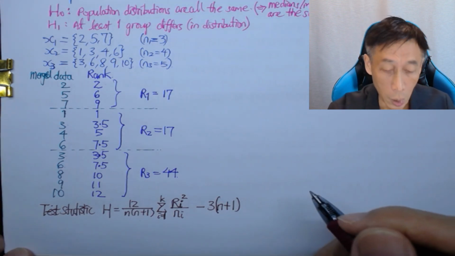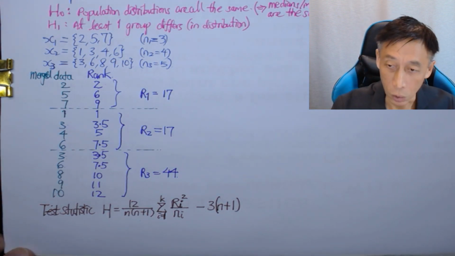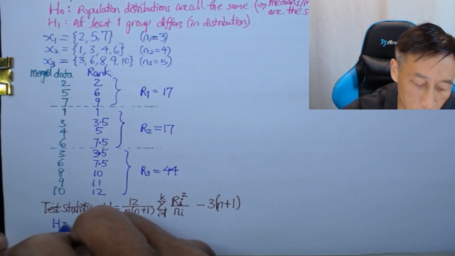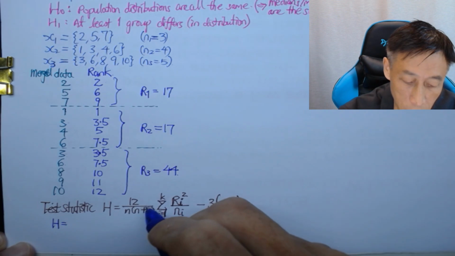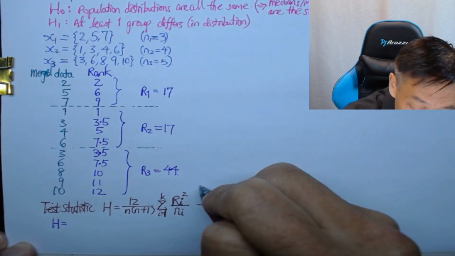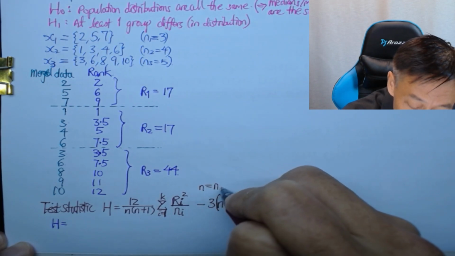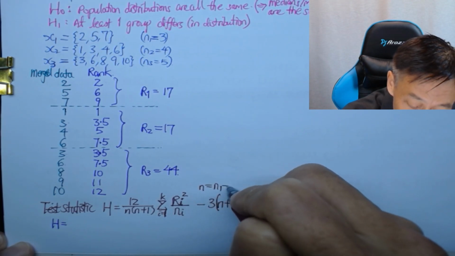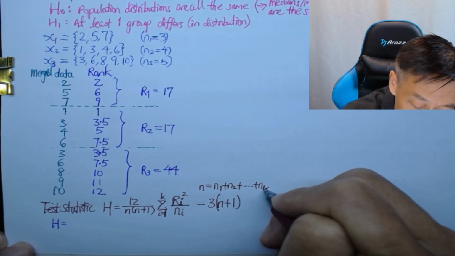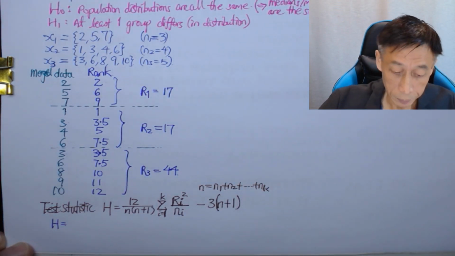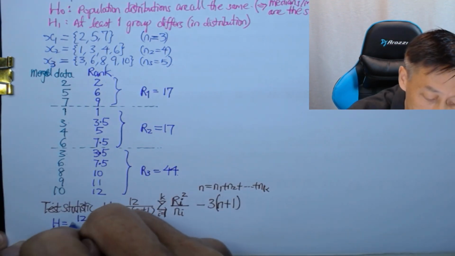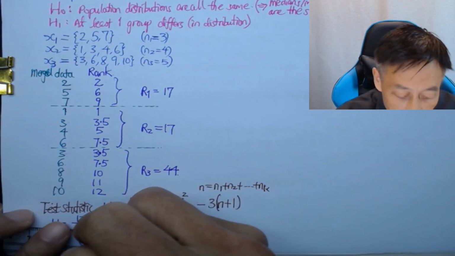Okay, so let's get going and see what happens. Let me clarify, here n equals n1 plus n2 plus n3 plus nk, where k is the number of groups. So H is actually 12 over our n.